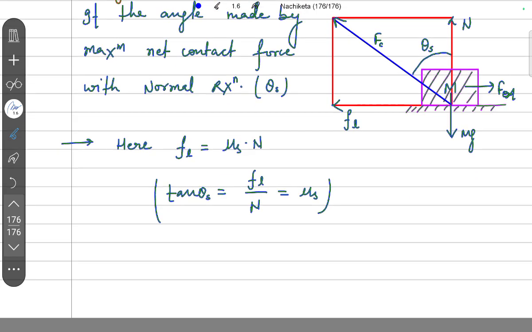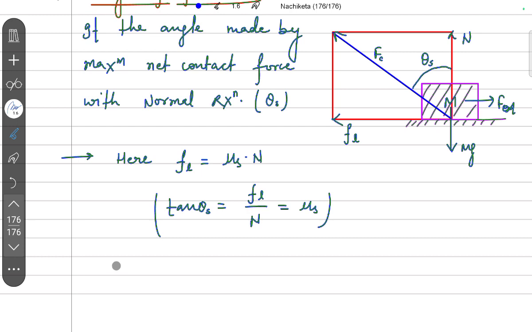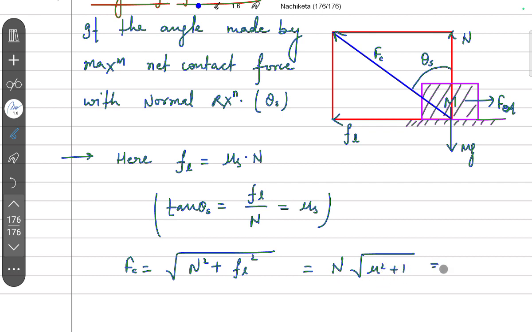So numerically, and if net contact force will be how much? And of course, N is here in this case nothing but mg. So this is your answer. Okay.